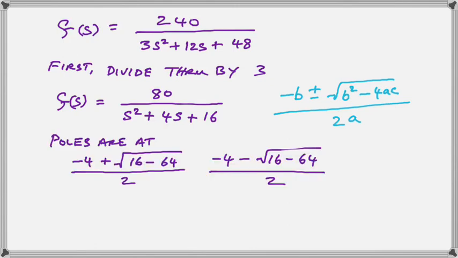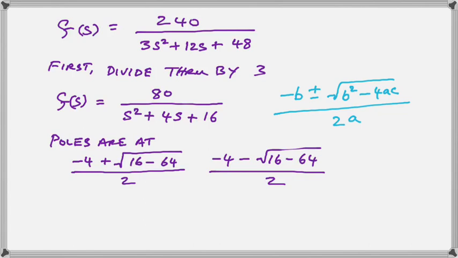Okay, so once we plug those numbers into the quadratic formula, there we have them all in there, and you can see how it works out. The s squared is the a, the 4 in the s is the b, and the 16 is the c.